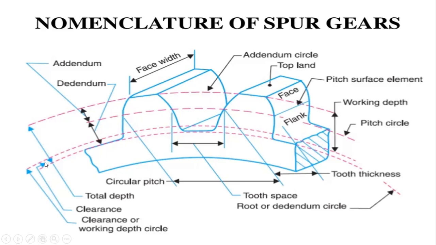And the gap between the working depth and the dedendum circle is called clearance, and the least line is called the total depth, and the topmost part above the total depth is called the working depth circle.